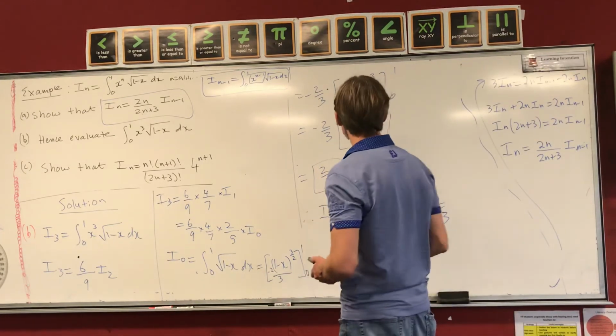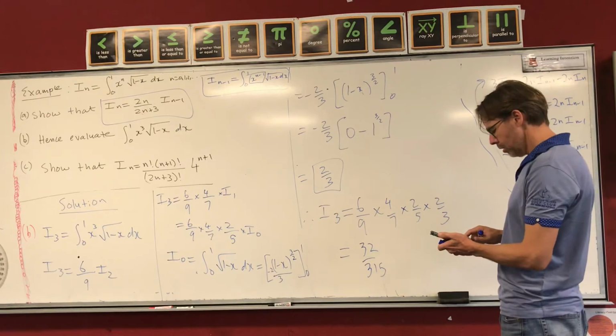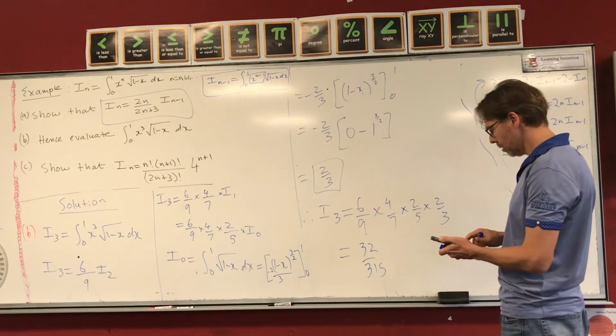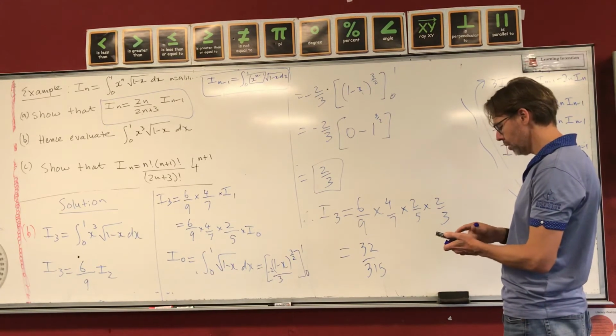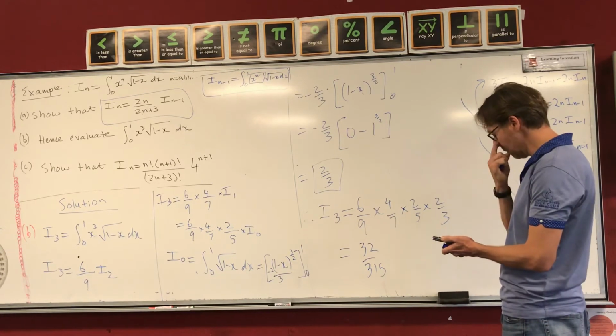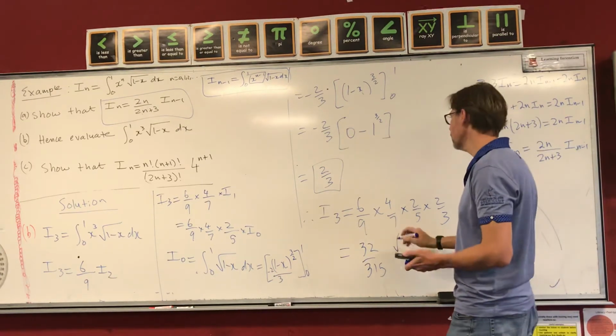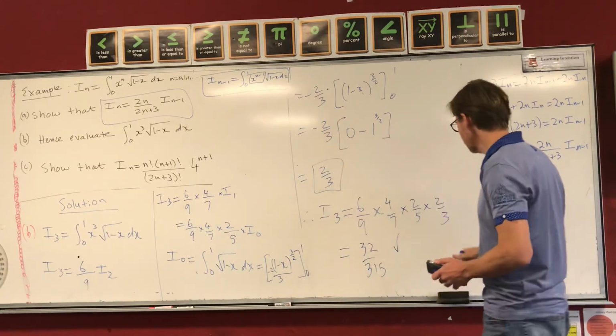So 6 over 9 times 4 over 7 times 2 over 5 times 2 over 3 equals 32 on 315, correct. So the minus and minus become a plus there, that's all good.